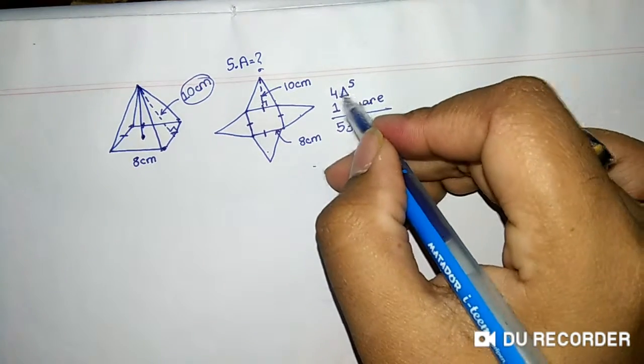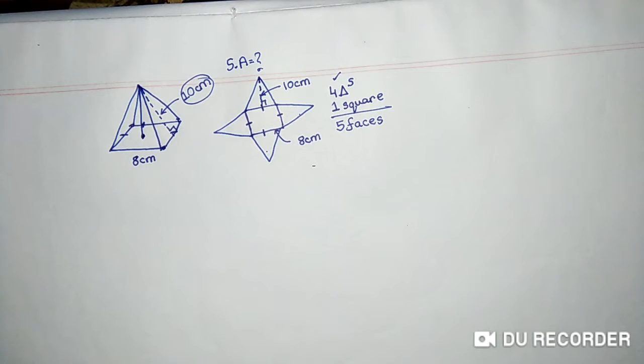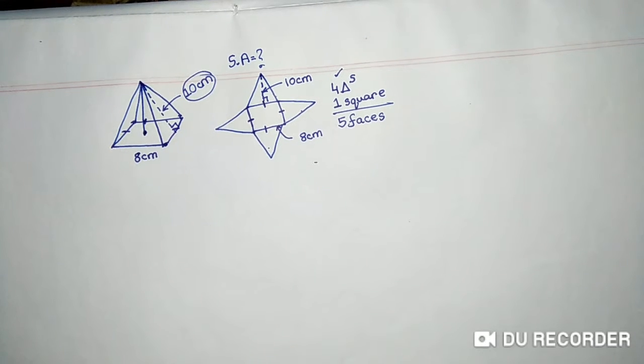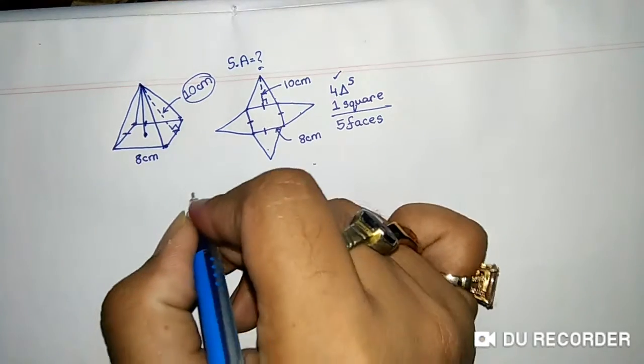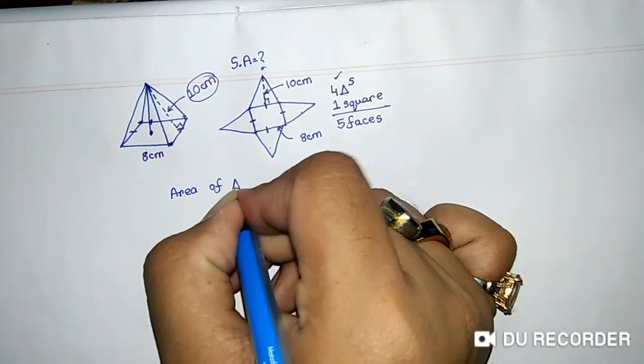If we just find the area of the 4 triangles, which are similar triangles with exactly the same dimensions of base and height, and we find the area of the square, we will be able to find the surface area of the square pyramid. If you're smart enough, you can make a formula for yourself, or you can visualize the shape and do accordingly, whichever suits you. First of all, let us find the area of the triangles.